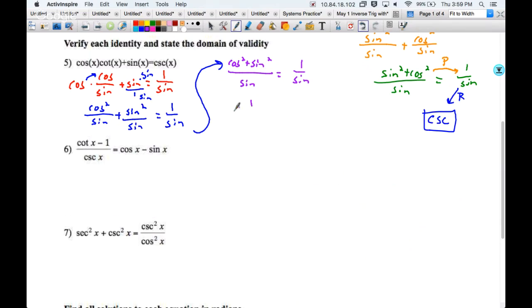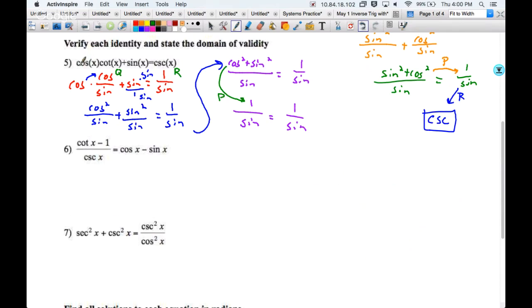And then by the Pythagorean identity, I can rewrite that cosine squared plus sine squared as a 1. So 1 over sine equals 1 over sine. So let's see, right there I used a quotient identity. Right here I used a reciprocal identity. And then right there I used a Pythagorean identity.